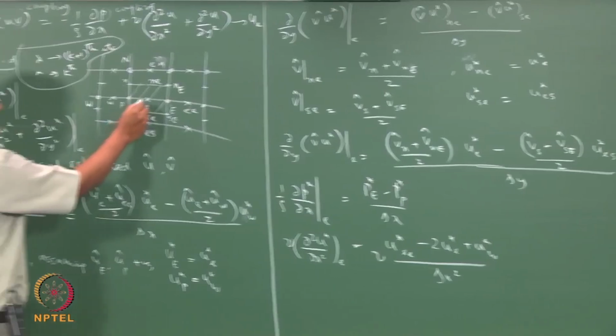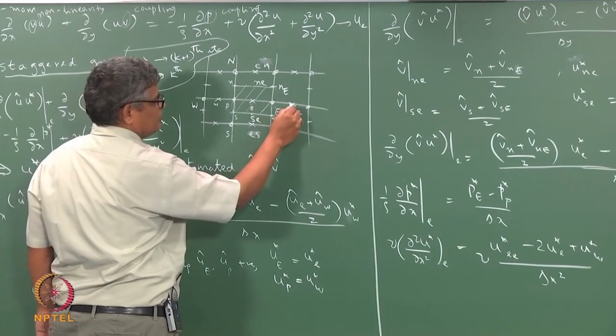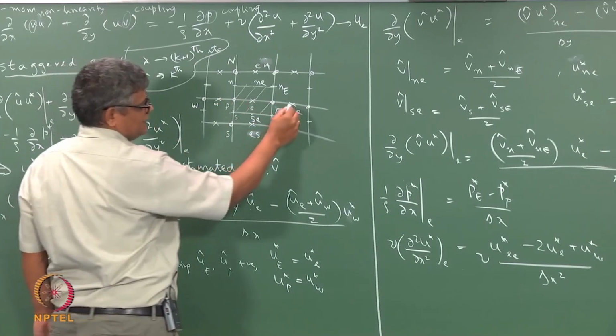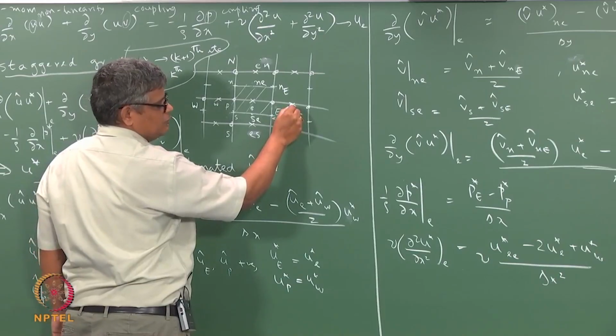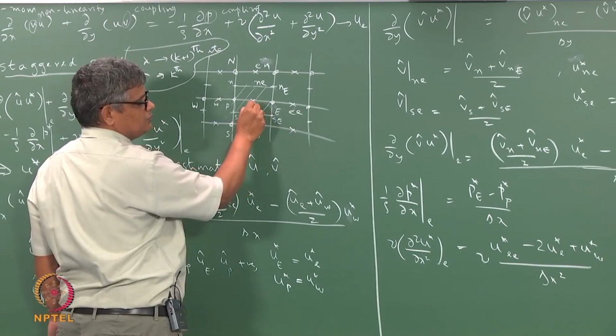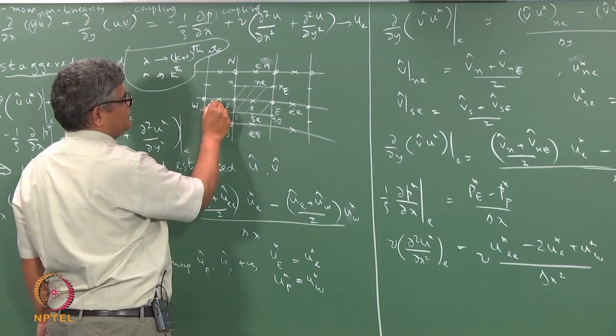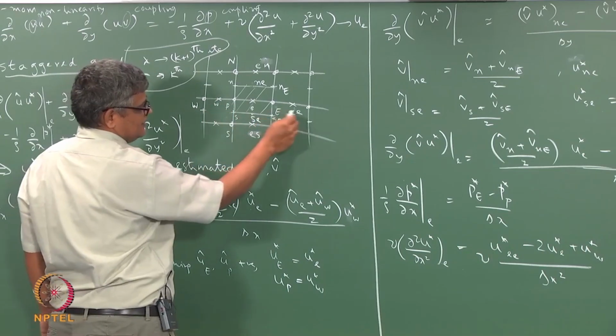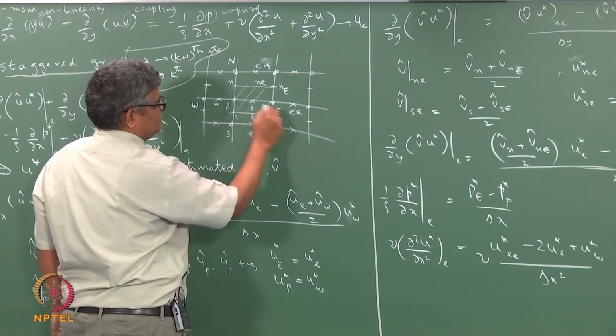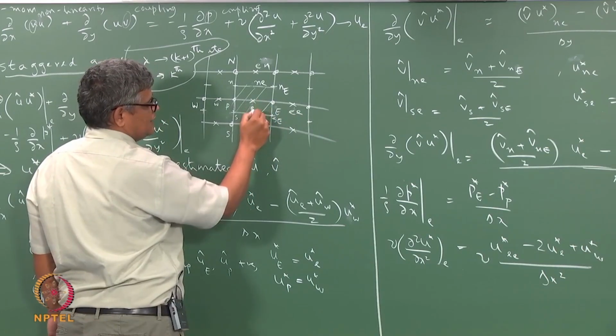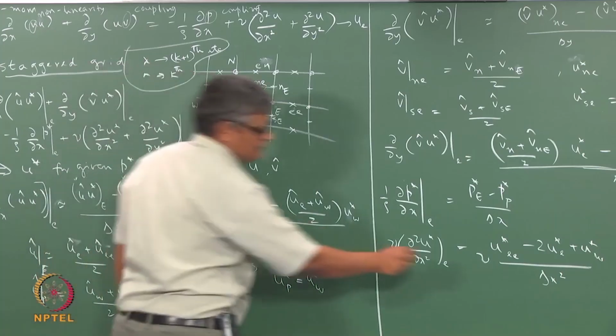So if this is i plus 1 and i minus 1, we take this as u at i plus 1 minus 2 u i plus u at i minus 1. So that is u at EE minus 2 u at E plus u at W divided by delta x square.